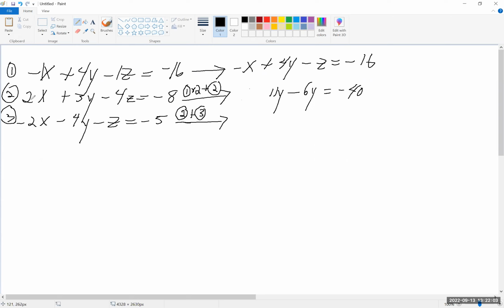So 2 plus negative 2 is 0 x. This gives me a minus 1y. This is a negative 5y. And finally, I get a negative 13.